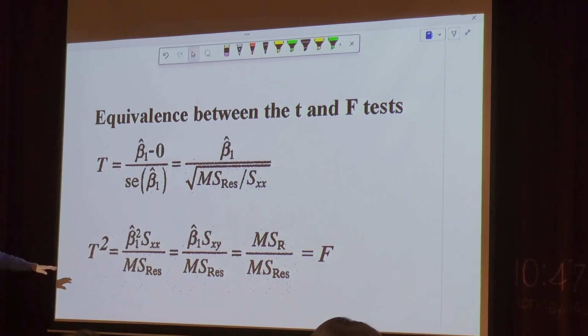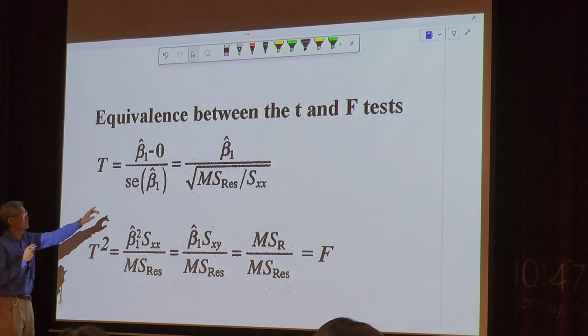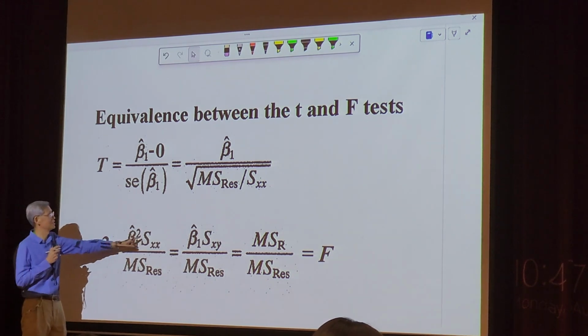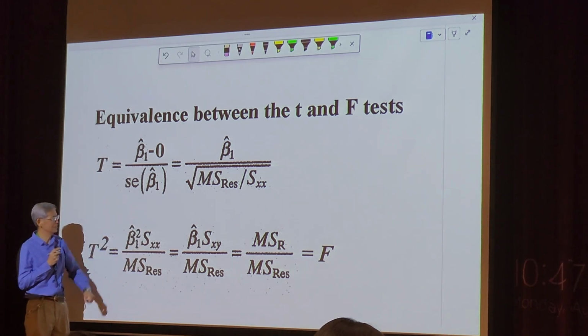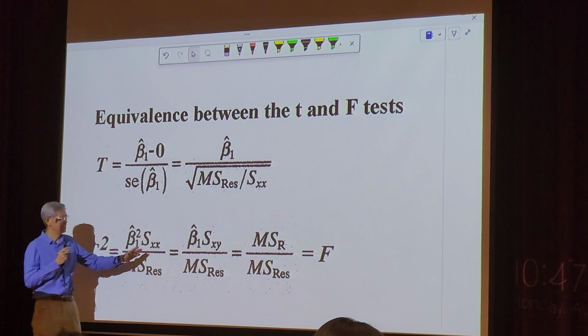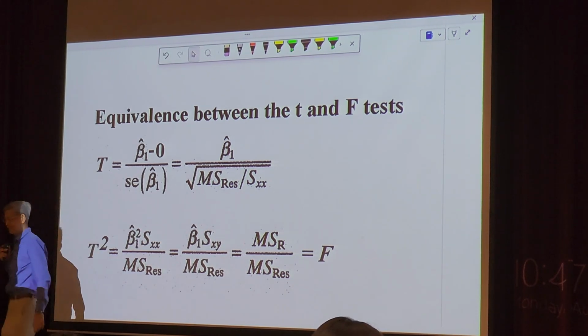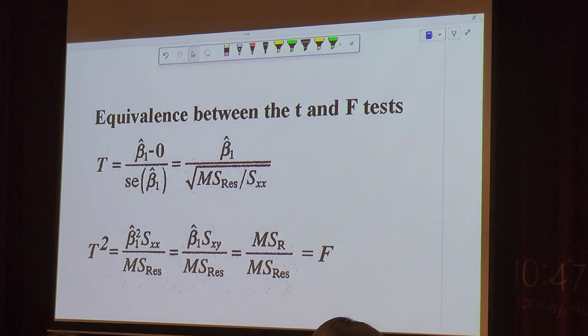Then you take T squared, with the standard error being this one, and simplify it. You find that it is an F. So this is the proof that you can use either the t-test or the f-test.